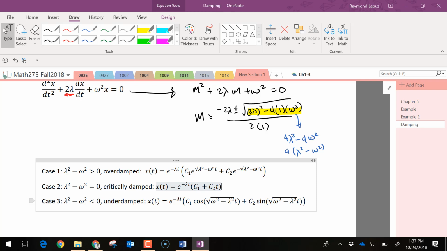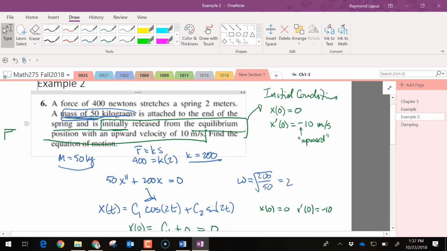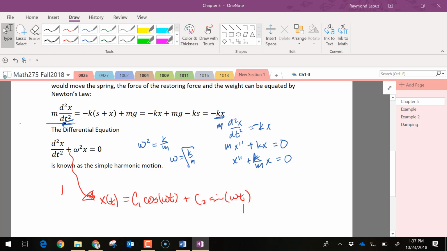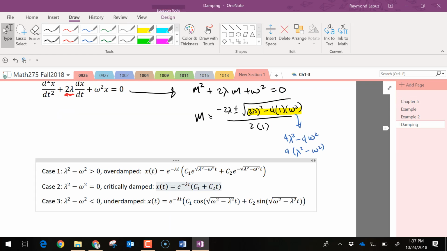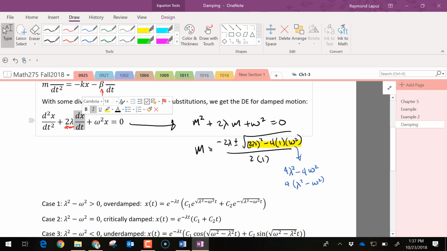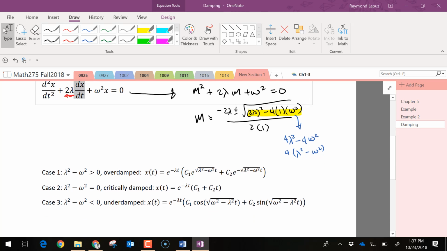So in these problems where you don't have, what do they call it, free oscillating motion? Harmonic motion. And these examples where you don't have a regular harmonic motion, where you have this damping feature in your differential equation, then you might be interested in walking through the whole problem by finding your roots and stuff.